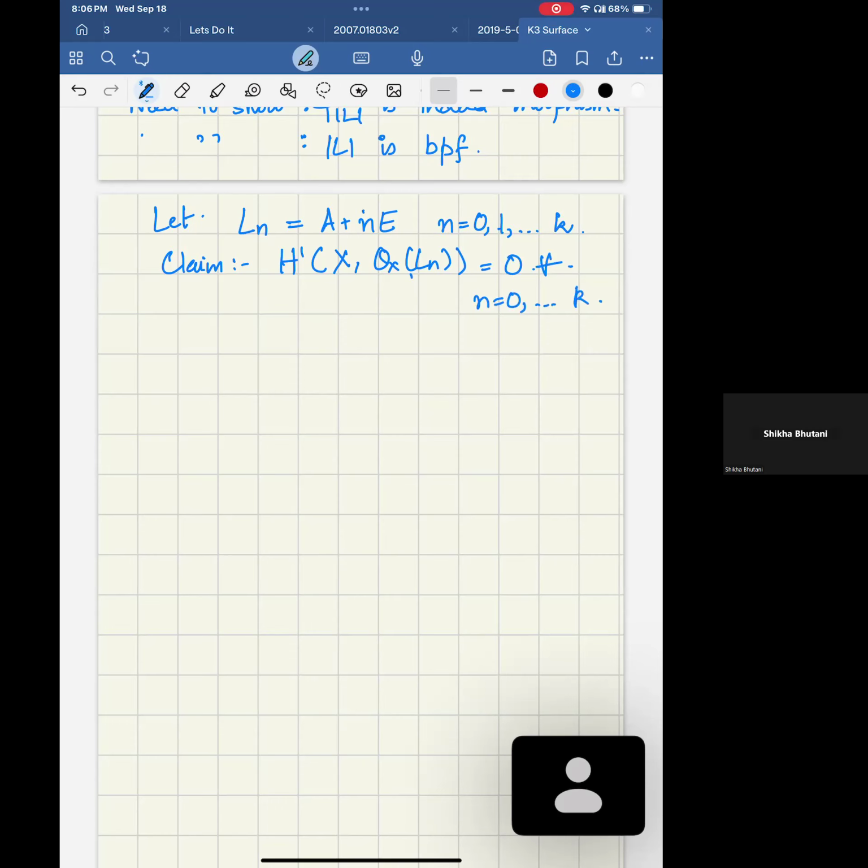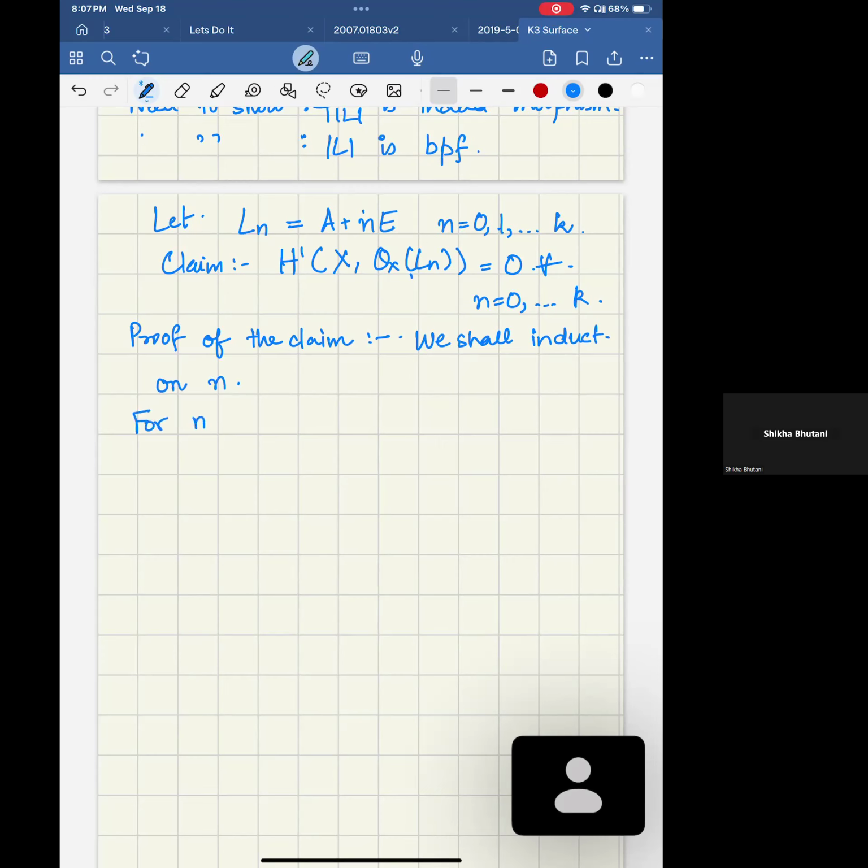Okay? As you might see, I've taken Ln, so I must be using induction somehow. So how will we prove the claim? We'll use induction. We shall induct on n.